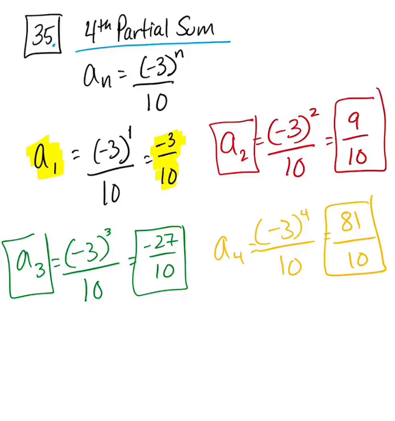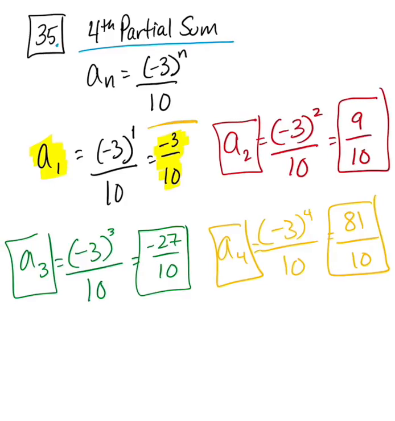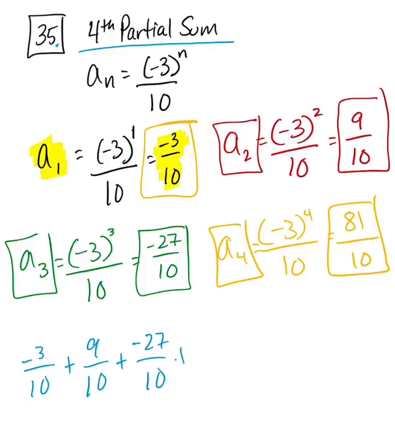So now my next goal is to find the partial sum of all these. Luckily, as I look at the denominator for each of these values, they all have the same denominator, so it's going to be a fairly simple add. So I have negative 3/10 plus positive 9/10 plus negative 27/10, and then finally 81 over 10.